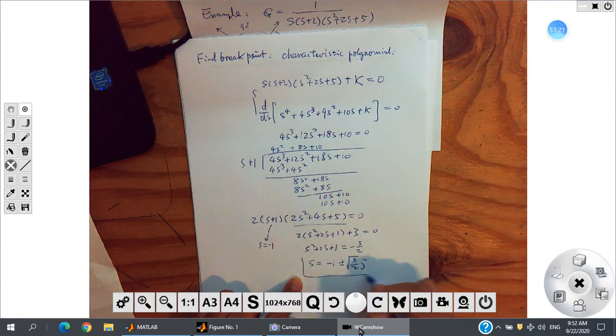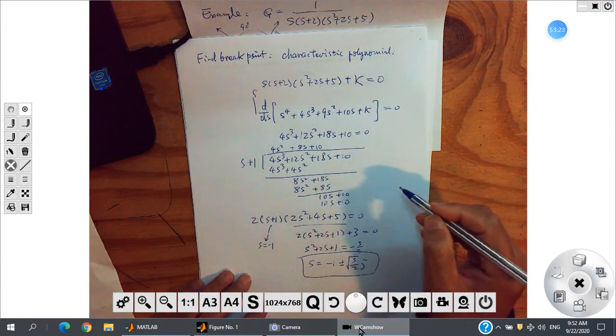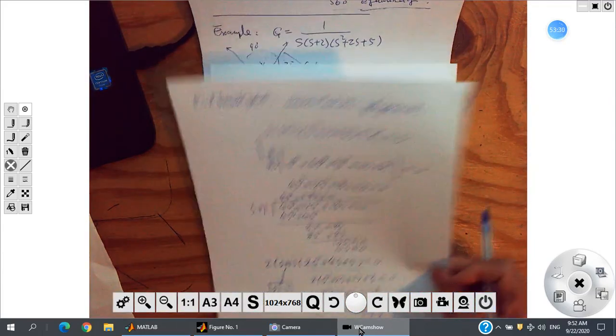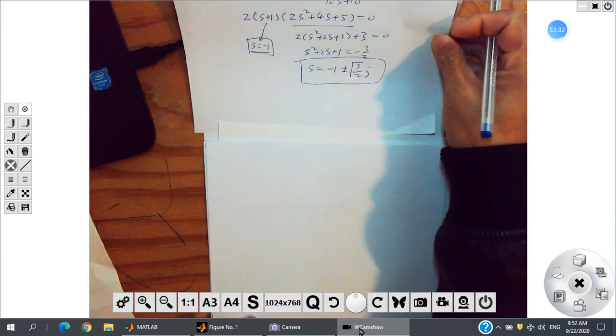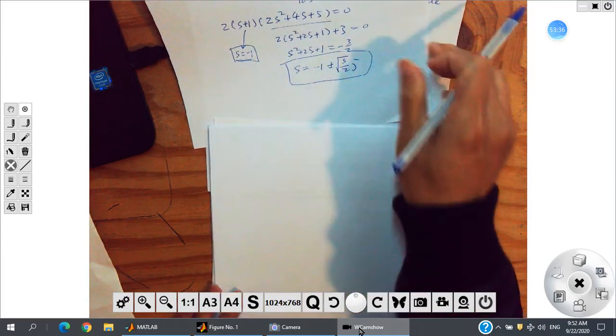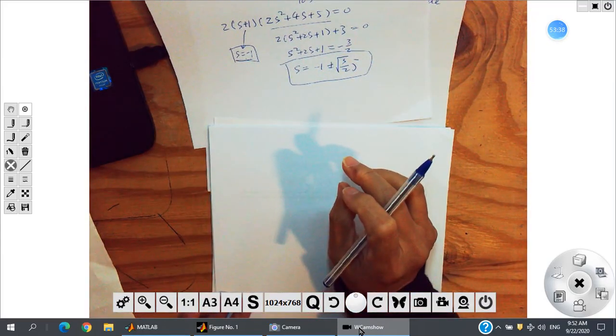Okay, so we have 3 breakaway points: this one and the 2 here. Then the angle. How to calculate the angle? You still need the angle, right? We know each is multiple 2.